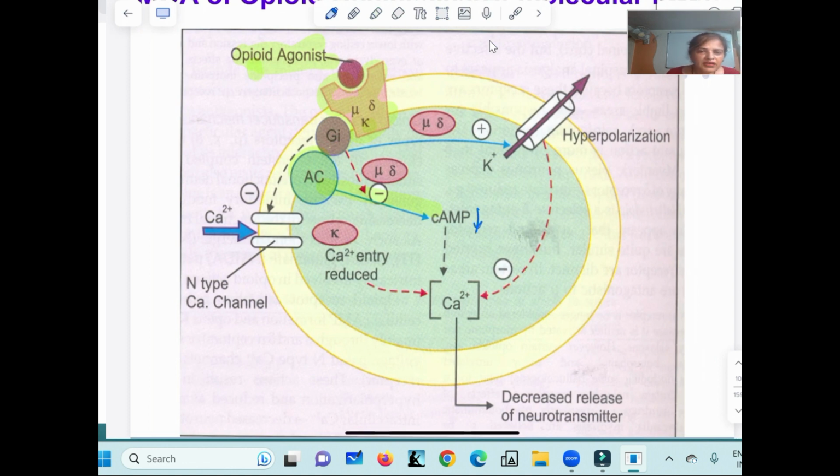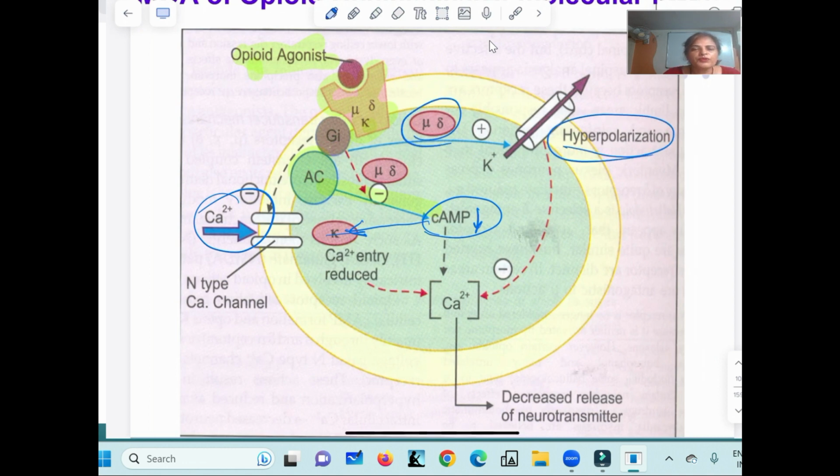Once this level decreases, then what will happen with the kappa receptor? The entry of calcium is decreased, and through mu and delta receptors there will be hyperpolarization, through the opening of the potassium channel. So with both the reduced entry and hyperpolarization, there will be decreased release of neurotransmitter.